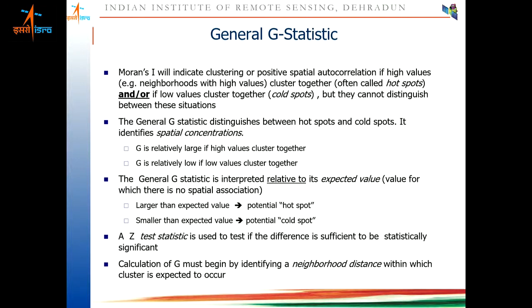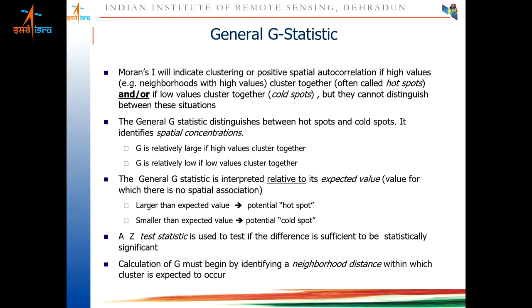So to know that there is a hot spot or cold spot present in the data, you need to apply the general G statistic. The G statistic calculates an index, that is G, and if the G index is very large, it means high values are clustered together. If the G index is very low, it means low values are clustered together.